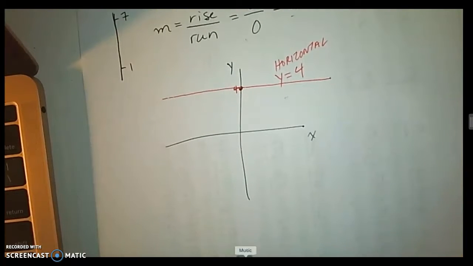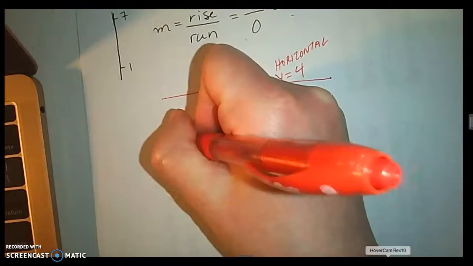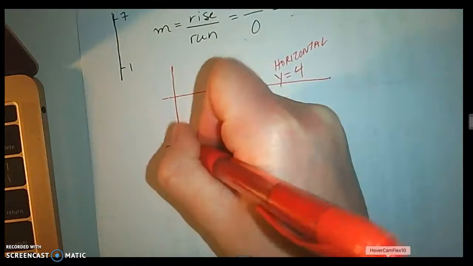Okay, the other line you're given there, x equals -5. So that one, I'm sure you can guess by process of elimination. If I found -5 on my x-axis, then what that equation is telling me is that x has to be -5 and y can be anything. So that means that I've got a vertical line passing through -5 here.